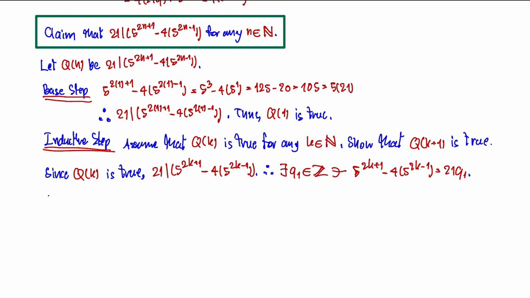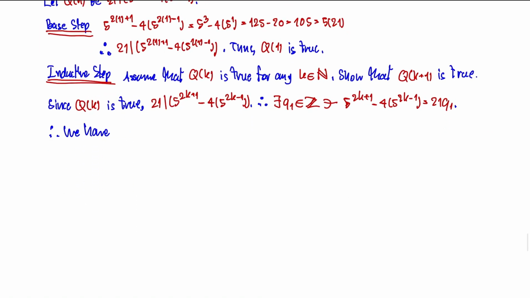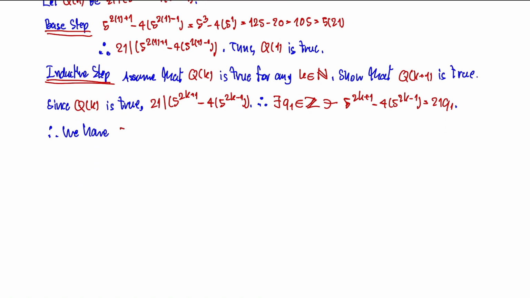So right now we have 5 to the 2 times (k+1) plus 1 minus 4 times 5 to the 2(k+1) minus 1. So we have 5 to the 2k plus 3 minus 4 times 5 to the 2k plus 1.